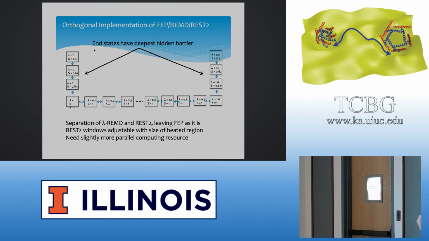But because we apply REST2 orthogonally to the thermodynamic axis, we need slightly more parallel computing resources than the default. Like in this case, default FEP only needs this number of windows. Here, we need to add 3 more or 6 more windows to apply the REST2 effects.